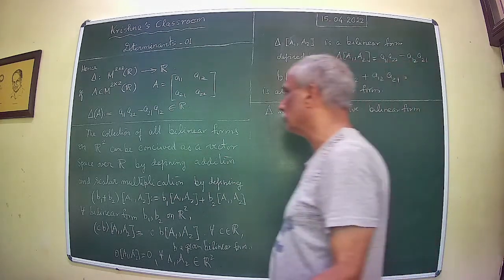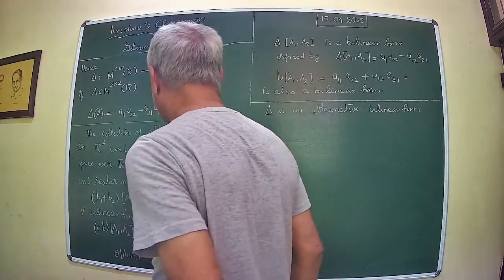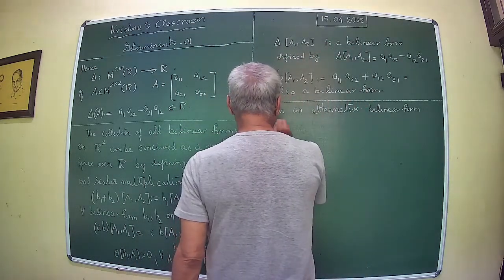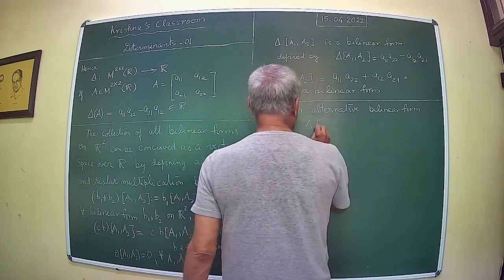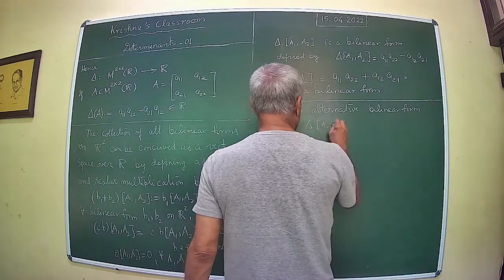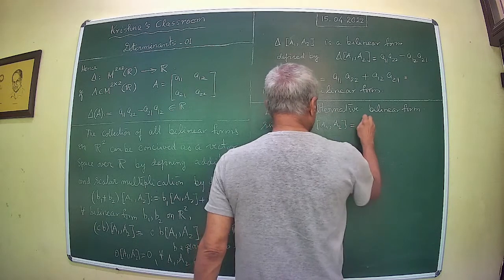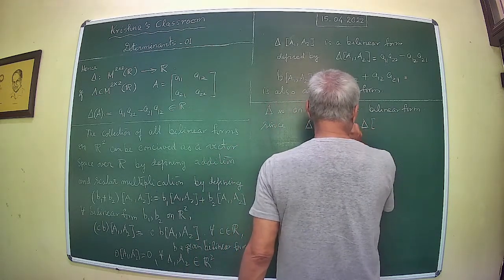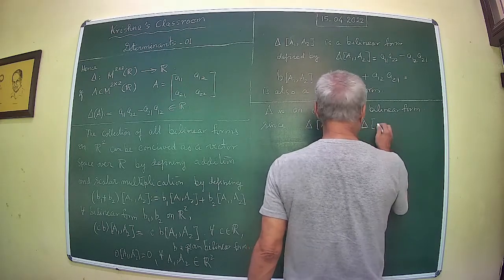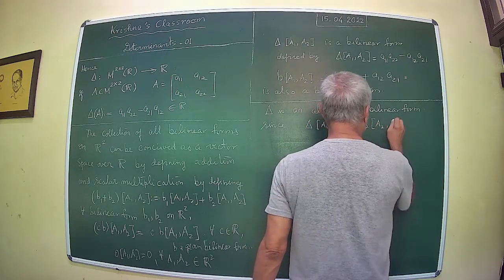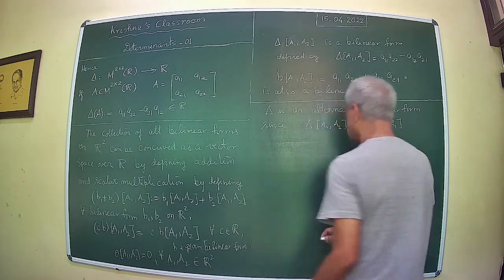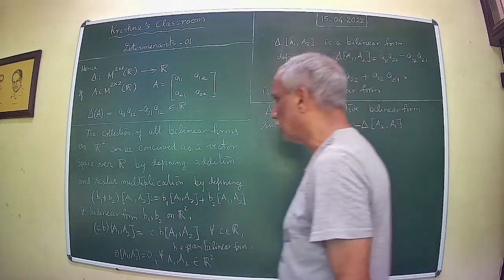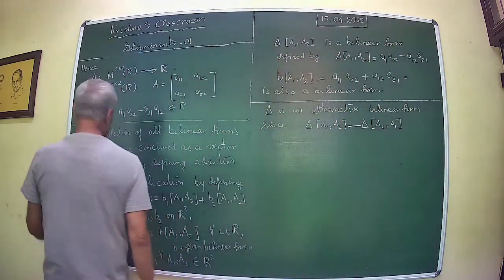This we have defined by the property that delta of A1, A2, that means if we interchange two columns, then the value of the bilinear form changes sign.